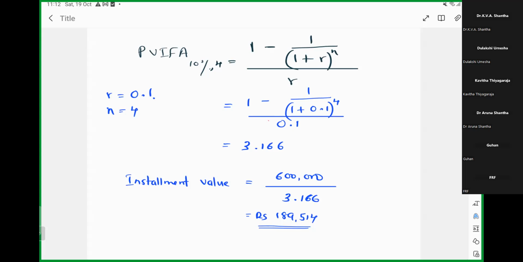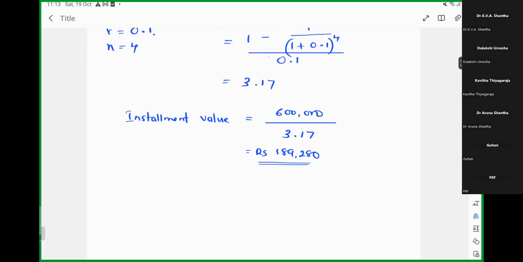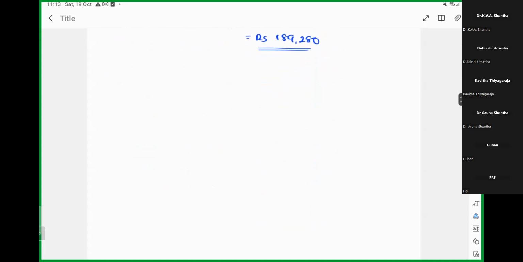Sorry, let's say 189,280. Now you have to prepare the amortization schedule. The second part of the question is to prepare the amortization schedule.